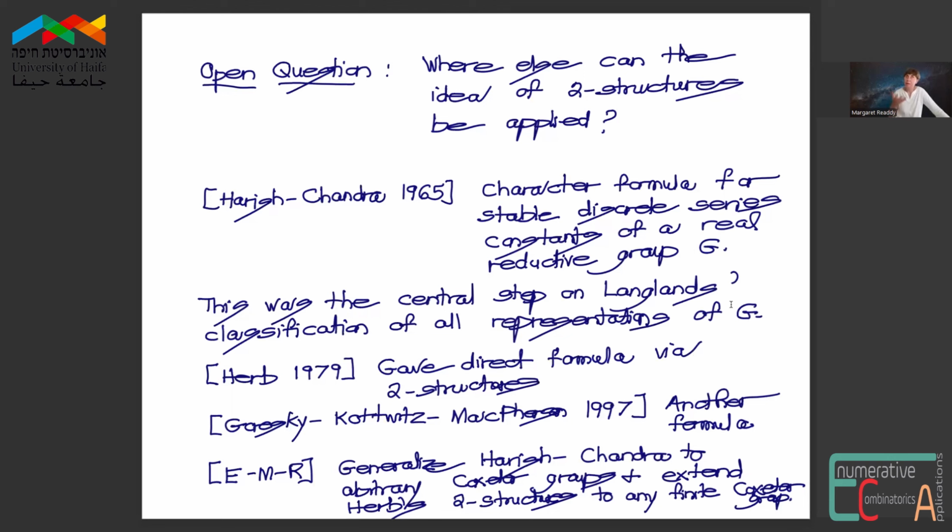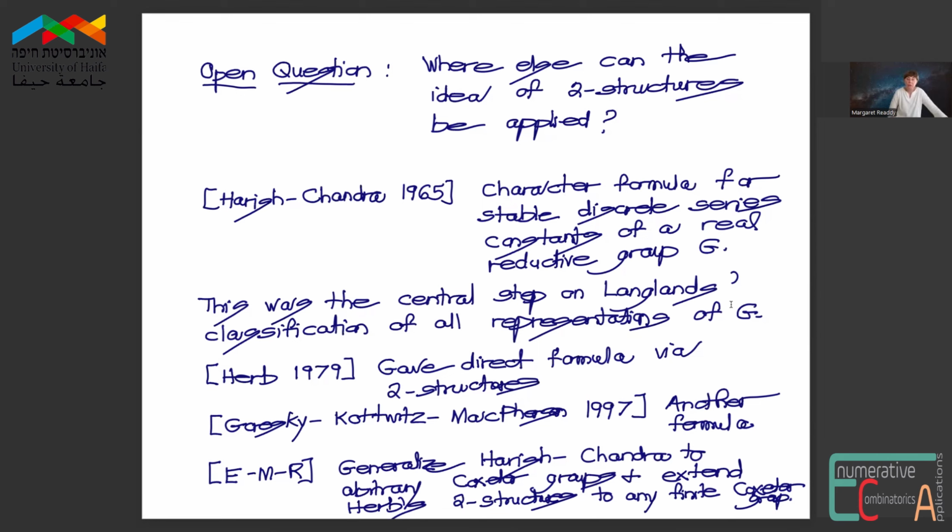This was a central step in Langlands' classification of all representations of the real reductive group. And Herb actually found a direct formula for this via 2 structures. She had the insight that somehow you had to look at these easier cases. Another formula for the Harish-Chandra character formula was given by Goresky, Kottwitz, and MacPherson.